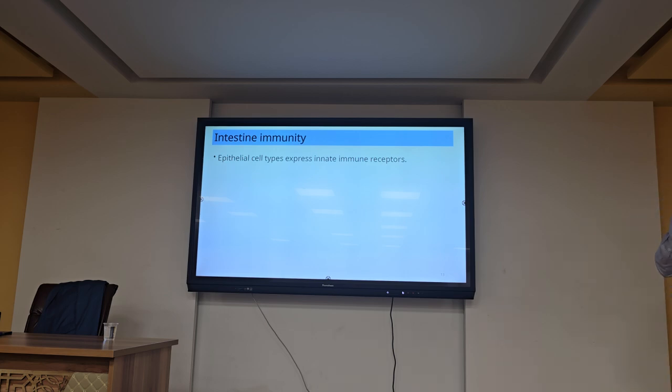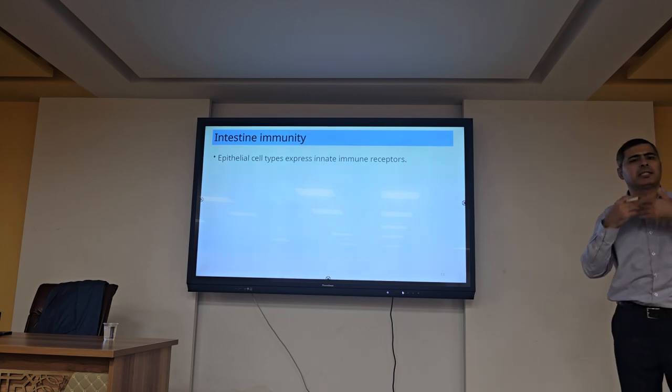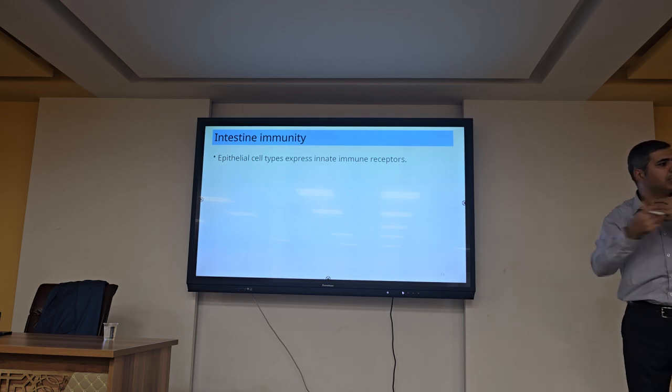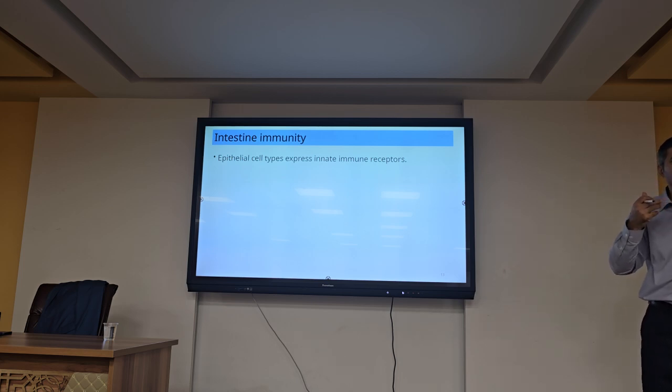The first thing that these cells should do is the calling of other cells. The epithelial cells and macrophages cannot induce by themselves a strong immune response. They should call the other cells to come to the site of infection. They should recruit the other cells to the site of infection.